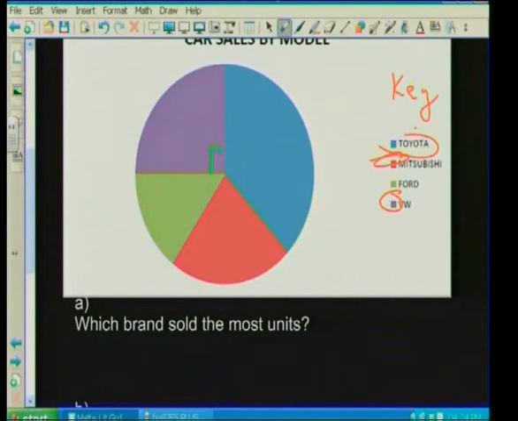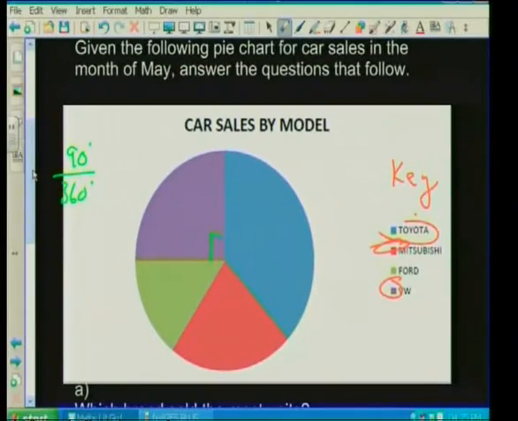So all this represents 90 degrees, 90 degrees of the total circle. What is the total circle? The total circle is 360 degrees. Now, what is 90 over 360 times 100? Because I want it as a percentage. So we're going to say times 100.